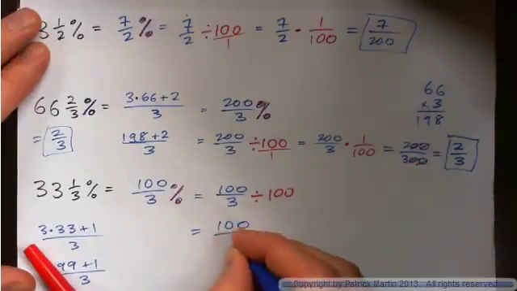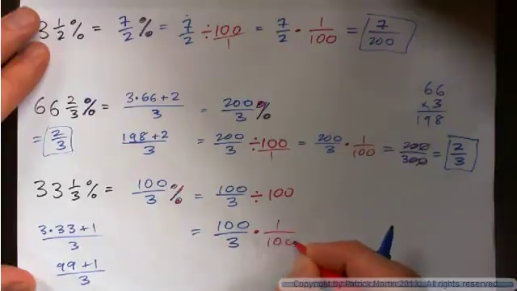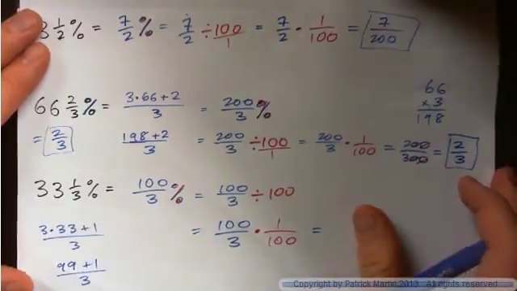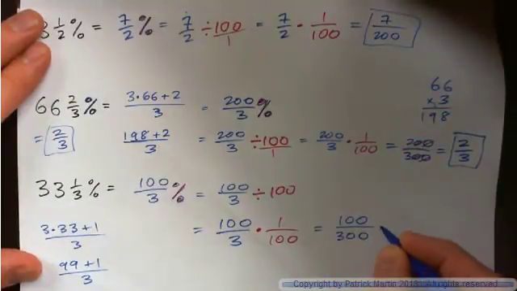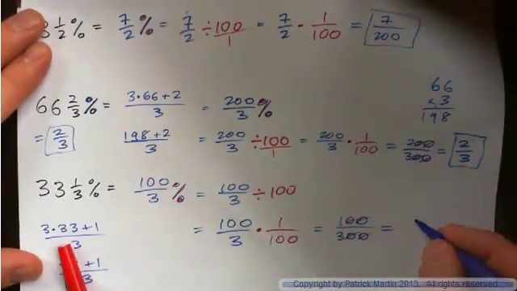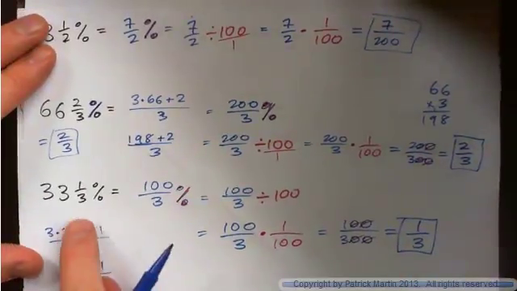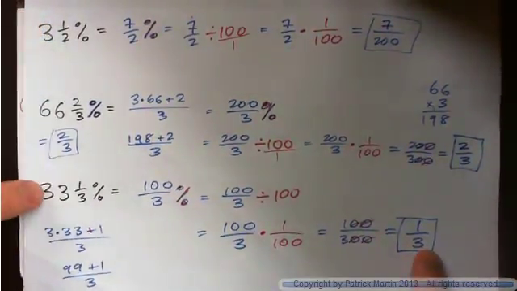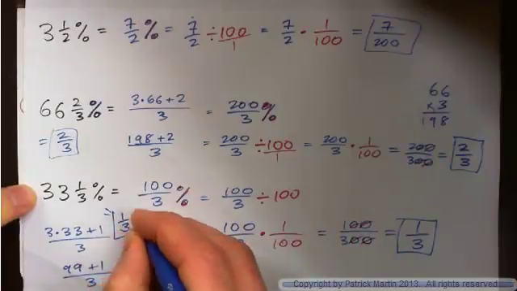Now if I divide by 100, that's multiplying by 1 over 100, right? Which gives me 100 over 300, which is, and you can cross off the zeros, 1 over 3, 1/3. So 33 and 1/3% is equal to the number 1/3. Okay, it's just equal to 1/3 is what it is.